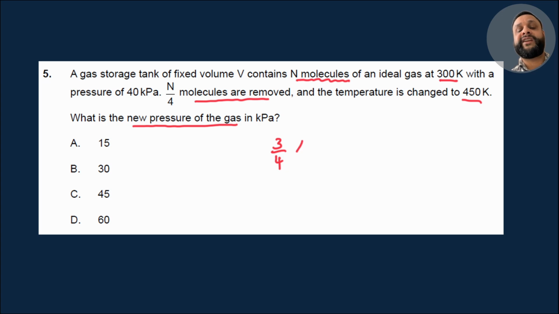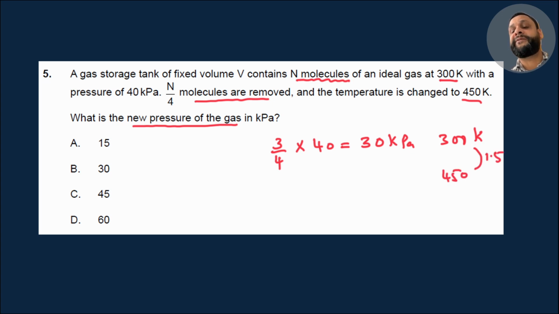If we multiply 3 by 4 with 40, they will exert 30 kilopascal pressure at 300 Kelvin. Now, what pressure will they exert at 450? Temperature has changed by a factor of 1.5.